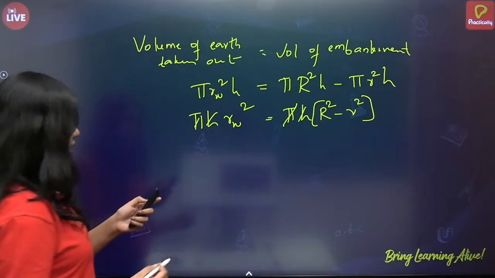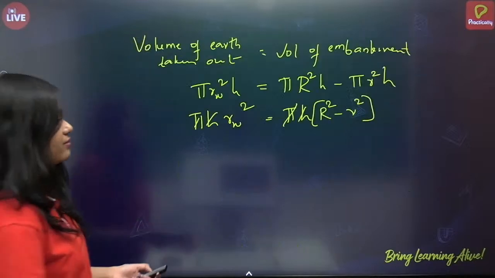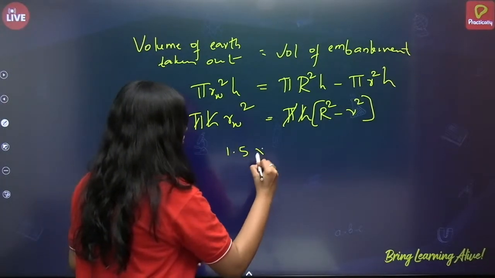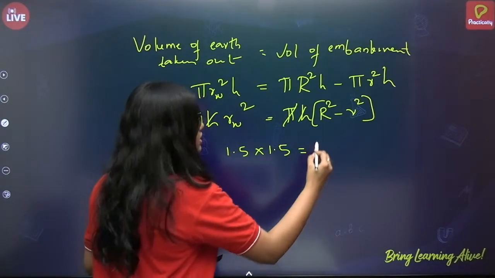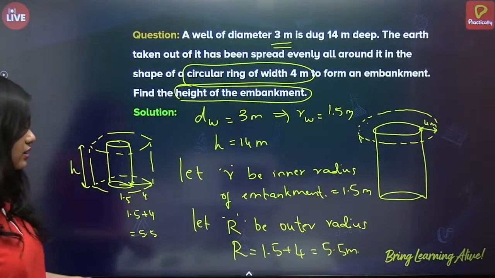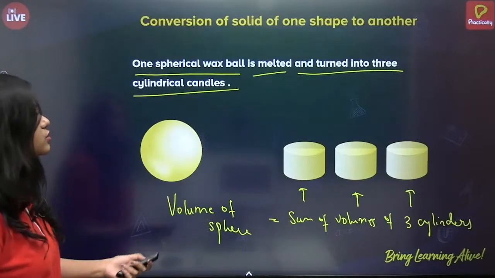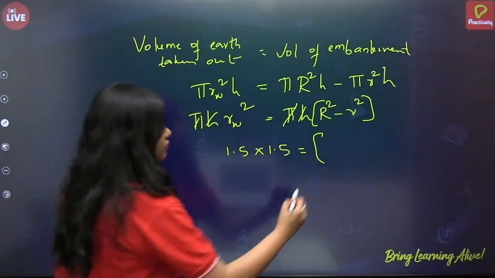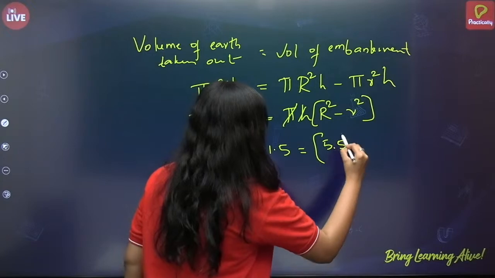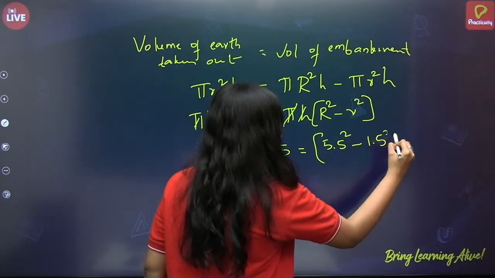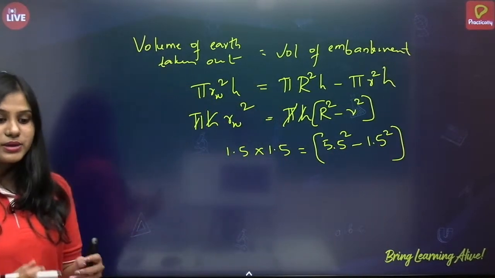Now, what is the radius of the well? 1.5 meters. So, 1.5 into 1.5 is equal to, what is capital R? It is 5.5. What is small r? It is 1.5. So, 5.5 whole square minus 1.5 whole square. Now again, let me tell you a trick.